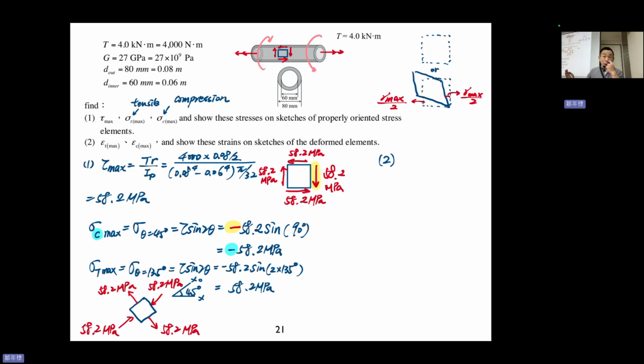Okay, or you can make it lie down on the surface. You can do this too as well. No problem. Okay, and then you can say this is gamma max.